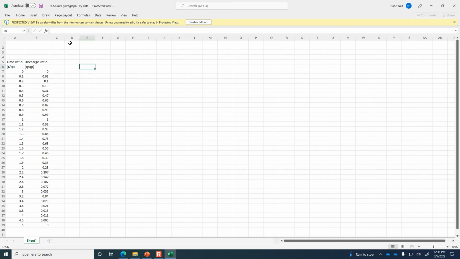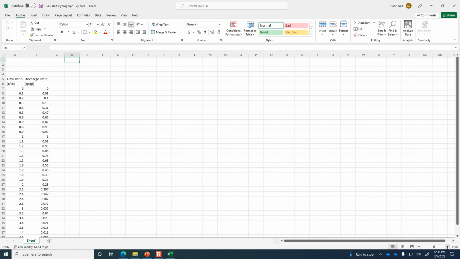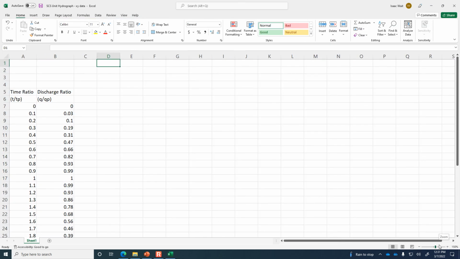Let's put at the top, first of all, the time to peak. We've enabled editing, of course. Let's define the time to peak, and that was in hours, what we calculated so far. Let's define the Q sub P, which was, when we calculated it, the CFS of runoff per inch of precipitation excess.